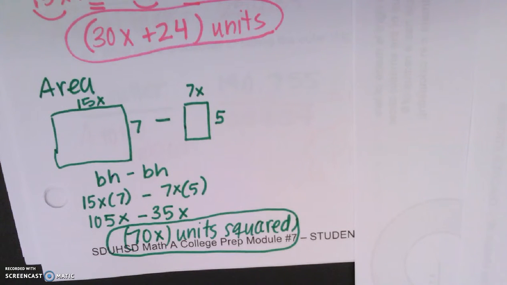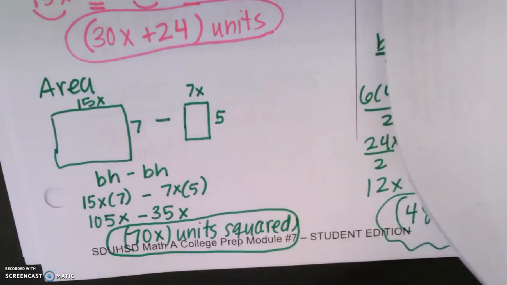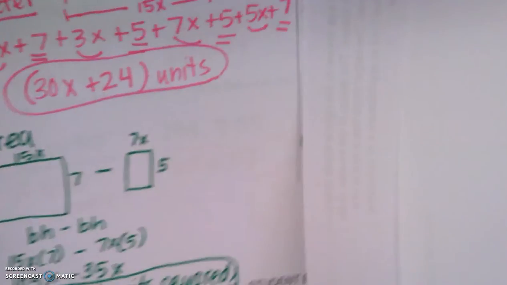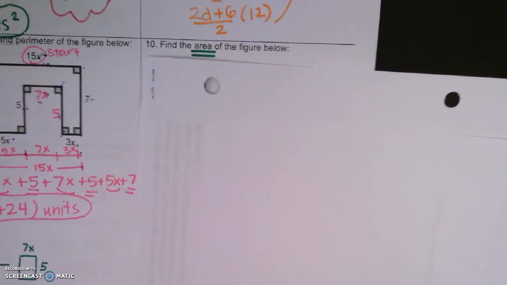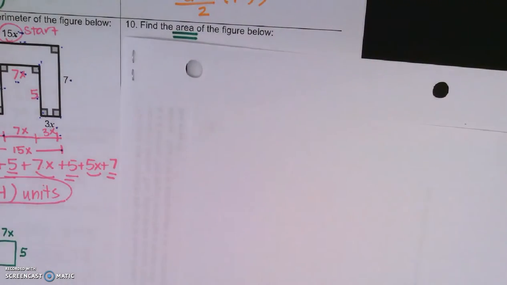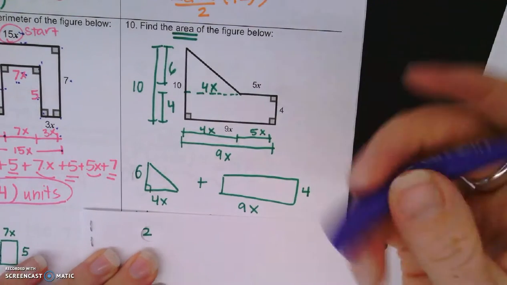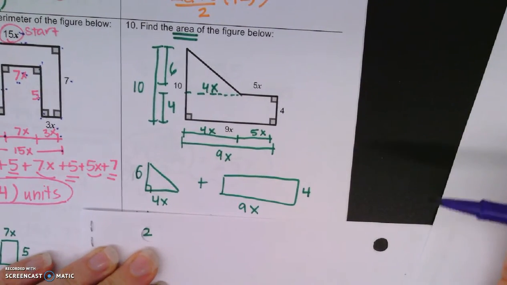Nice job, you guys. Let's take a look at that last problem you had to do, which was number 10. Number 10 says find the area of the figure below, and we had already broken this figure into a triangle and another rectangle. So when we looked at this triangle and this rectangle, we had to find some information about it.